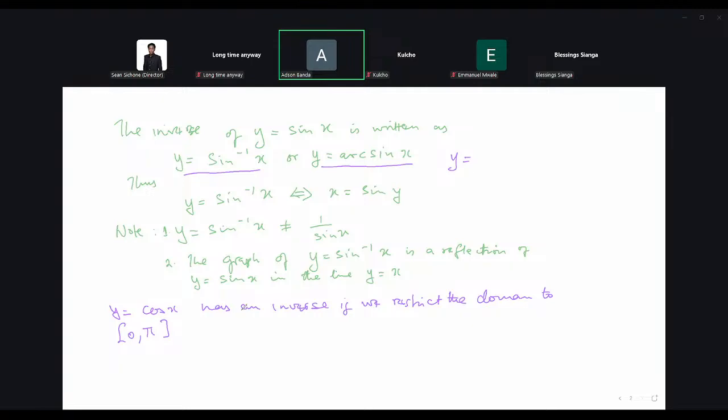And of course, like we did for sine, we can define the inverse of the cosine. So y belongs to -1 to 1.